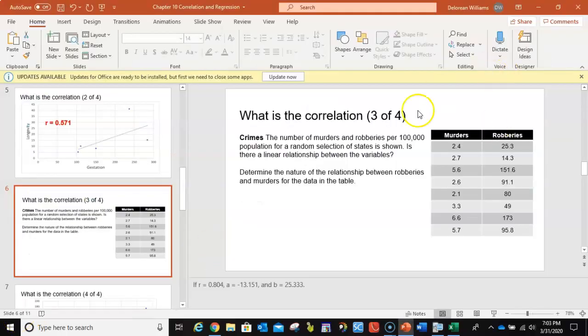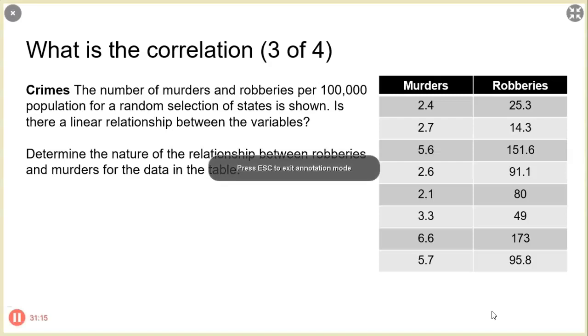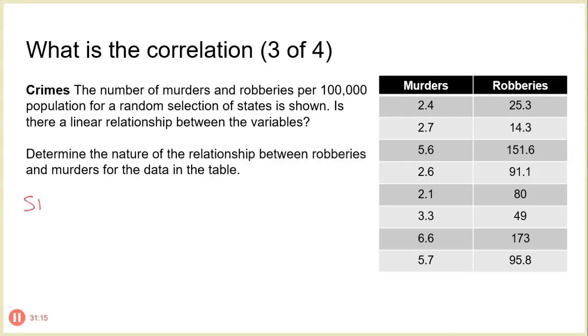And then now we go back and we can determine the nature of the relationship. And we can describe if it's linear or not. So that part we can do. So since R equals 0.804, so let's say we have to round it to 4 decimal places.